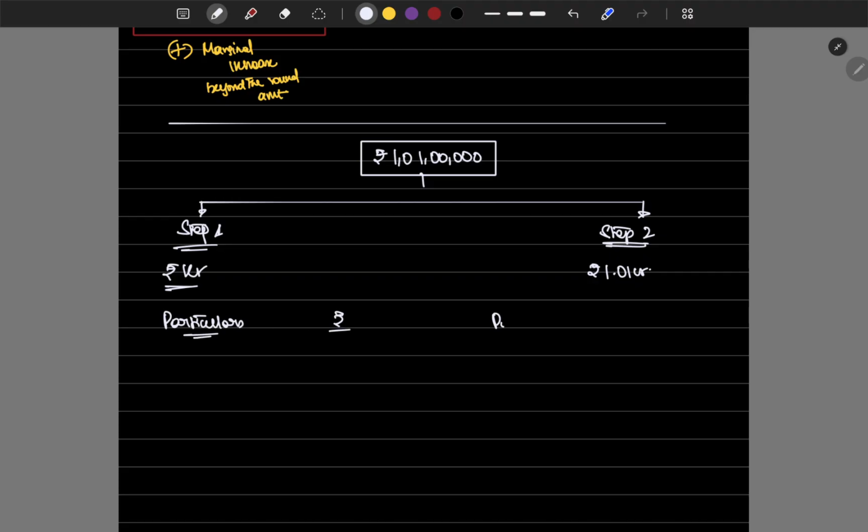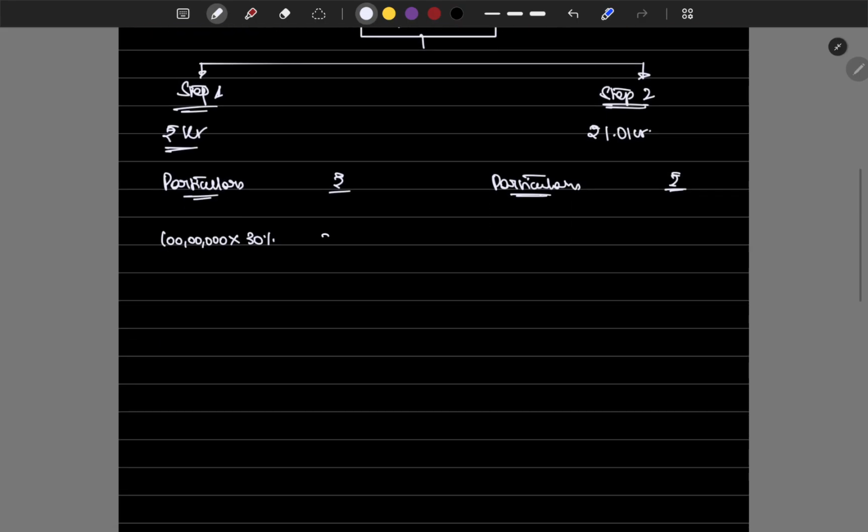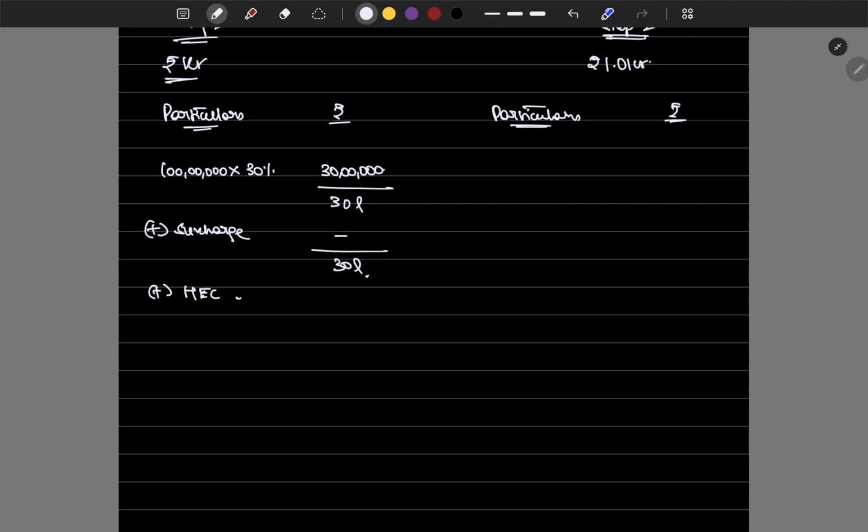Particulars, rupees. 1 crore is the income. 30% is the tax rate, as we found it's beyond 400 crore. So 30 lakhs. Plus the surcharge, which is 0, so no surcharge on 1 crore income. Plus health and education cess is always 4%. 30 lakh into 4% is 1 lakh 20,000, making 31 lakh 20,000.